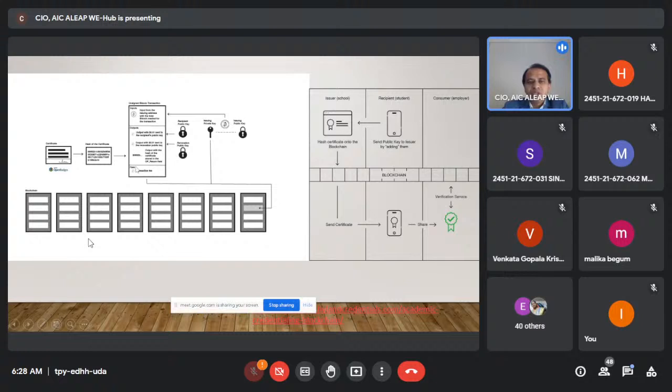For example, you need to authenticate a graduation certificate, and then you relate it with the key. The key is very specific to one block. There are several blocks, so you cannot tamper with these blocks, and there will be authenticity that the certificate is a genuine one.